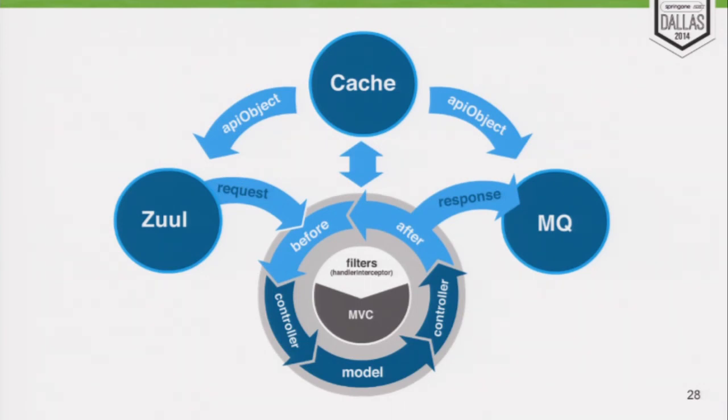Now, since we're talking about API chaining, the first chain gets handled here in the pre-handler. And since we're talking about Grails, we'll talk about it as filters. So this is the before filter. The before filter does all the checks, does all the security, and goes, okay, I see this URI, let's go ahead and handle it. It sends it on down to the controller, down to the model, and back up to the controller. Then we get to the after filter.